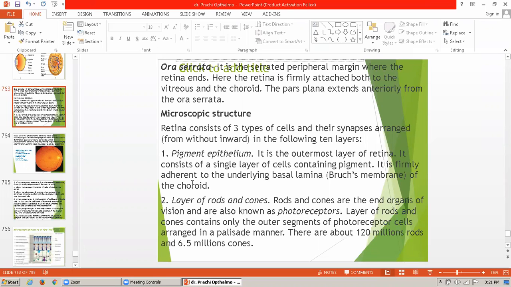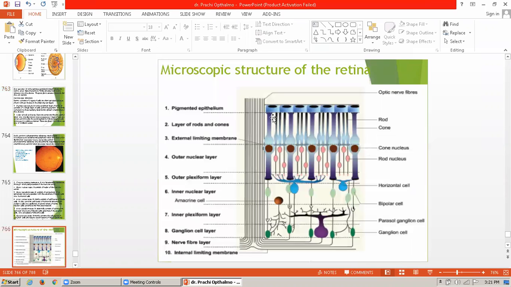Then the second is the layer of rods and cones. So these are the rods and these are the cones.